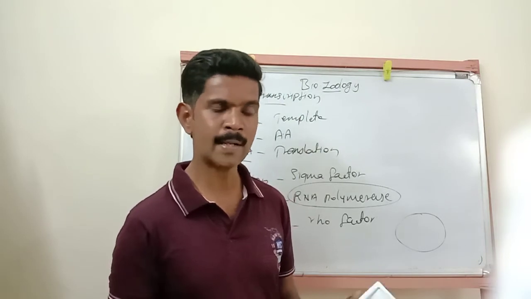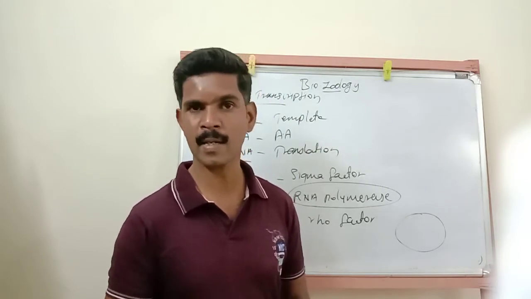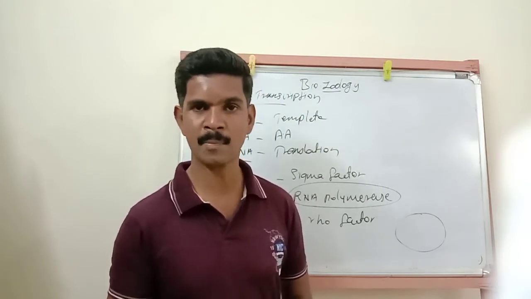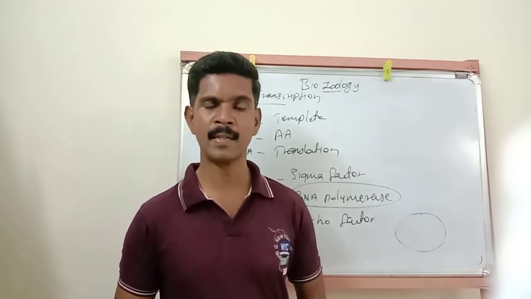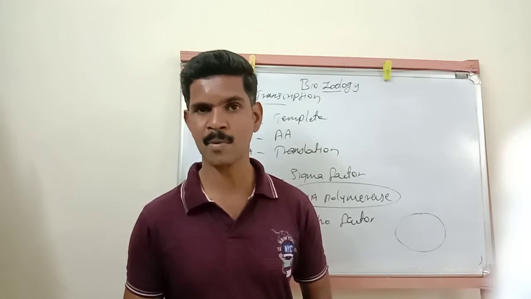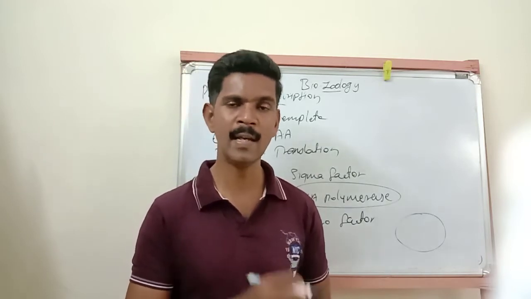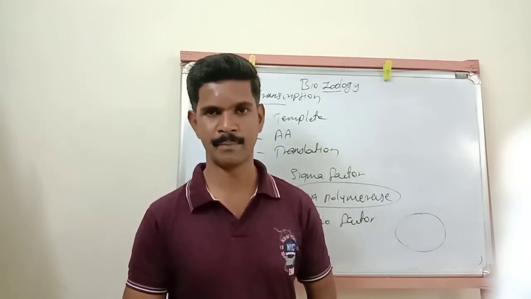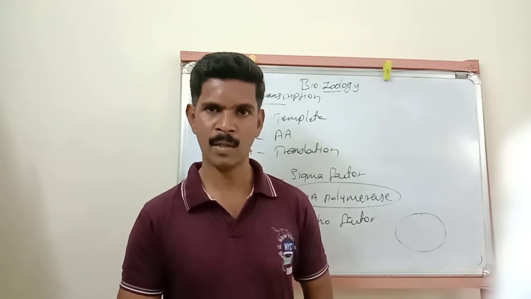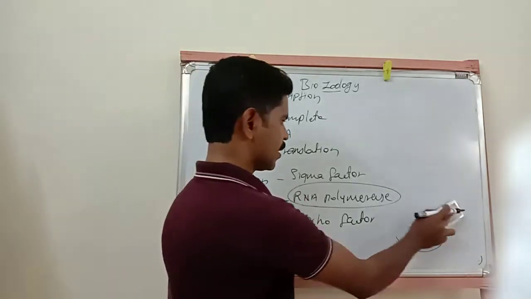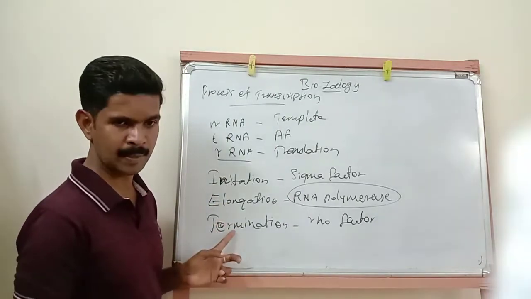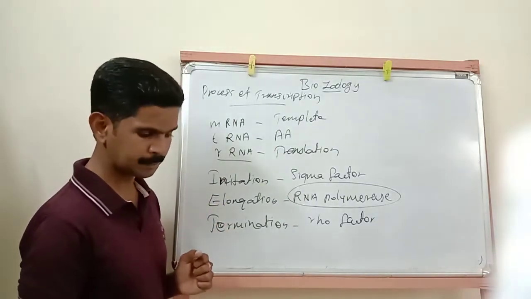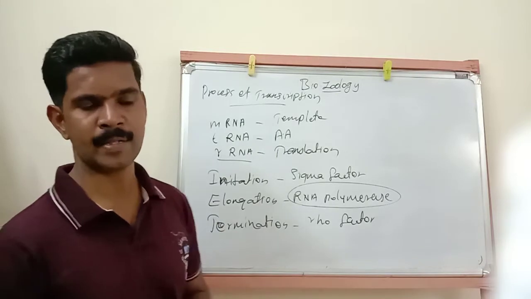So the genetic materials are not separated from the cell organelles by a nuclear membrane. Understand? Because of this reason, sometimes the translation process happens earlier than the transcription process. I hope you all understood this point. So there are three steps: initiation, elongation and termination. Then see the next point.